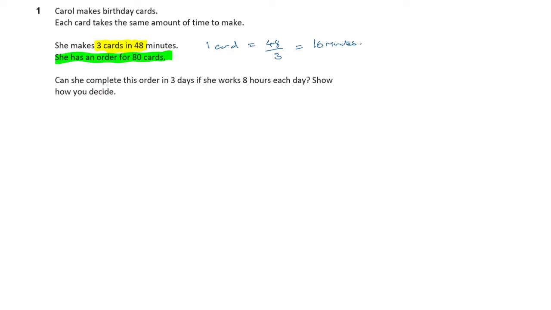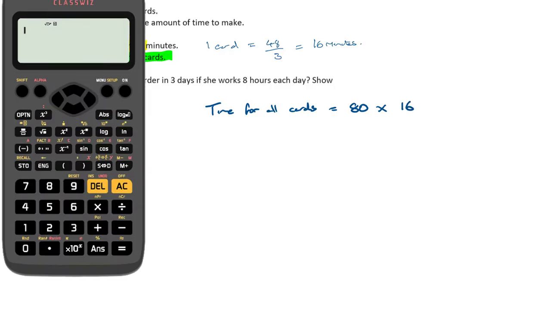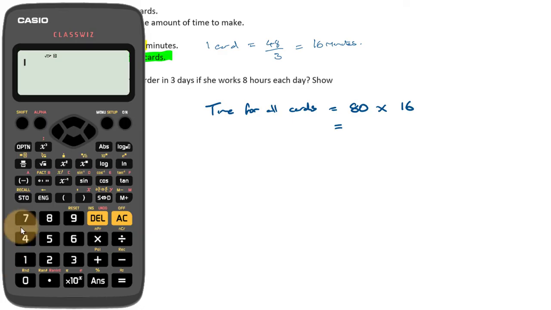So the time to make 80 cards, then what's that? That's going to be time for all cards is going to be her 80 cards multiplied by the 16 minutes it takes to make 1 card, then, isn't it? What's that? Now, according to my calculator, 80 times 16, that's 1,280 minutes.